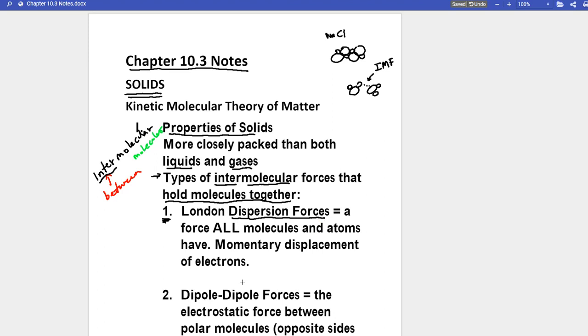That's a force that all molecules have. So everything has LDF, or dispersion forces. And it's because of a momentary displacement of electrons. The common examples here with these LDFs are hydrocarbons. If I have this long chain, remember glue kind of looks like this.